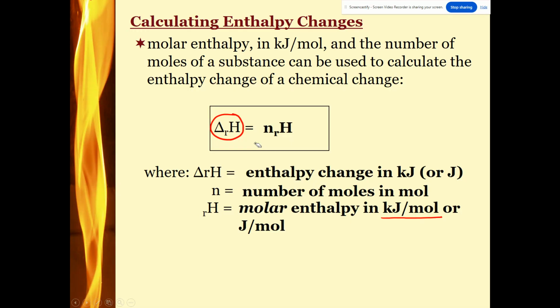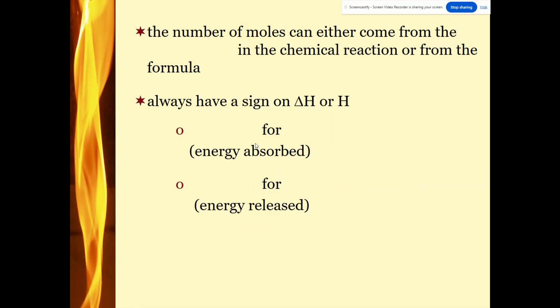Now, there's a few ways that we can calculate the number of moles. Remember back in Chem 20, we learned how to calculate moles using the formula mass over molar mass. Now you could also use the formula concentration times volume. But there's a third way that you can find moles, and that is the balancing coefficients.